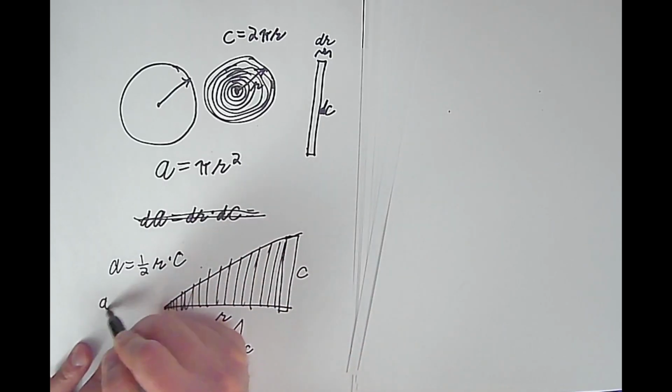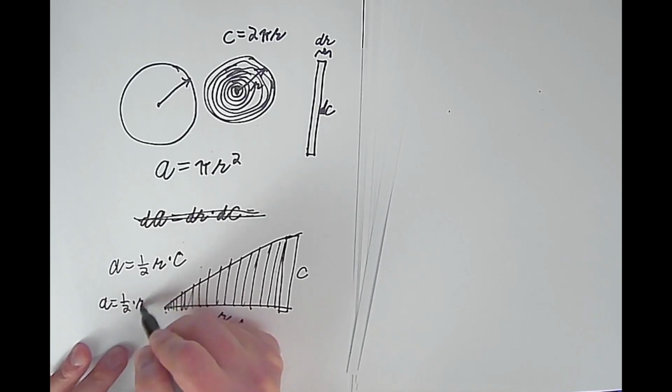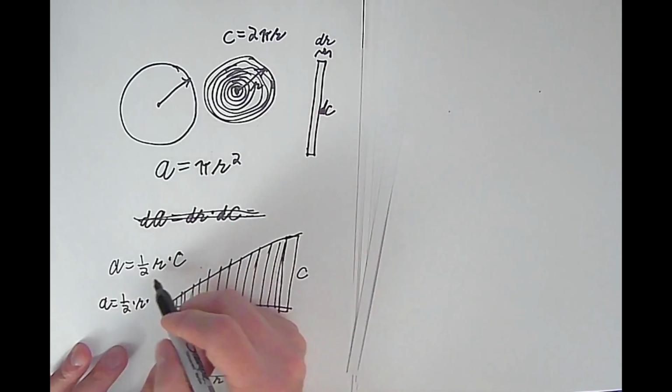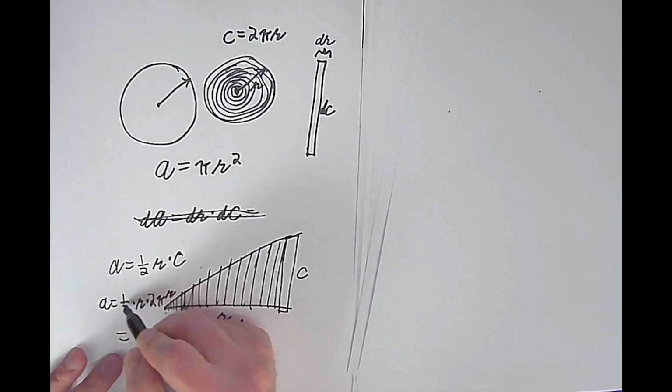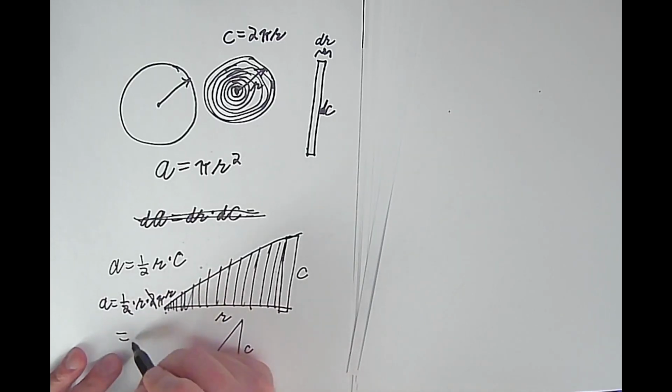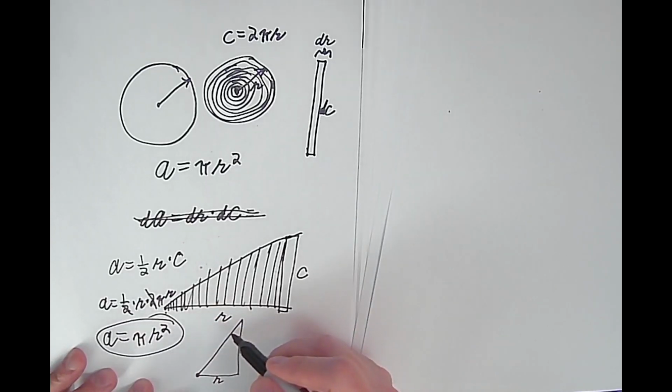And so the area then is 1/2 r times 2 pi r. The half and the 2 cancel, and you get the area is equal to pi times r squared. There's a non-calculus way of doing it.